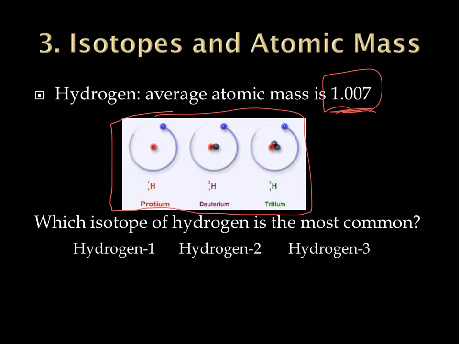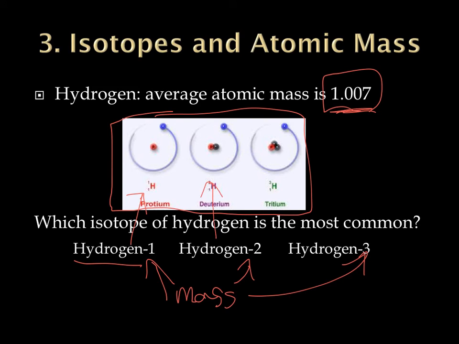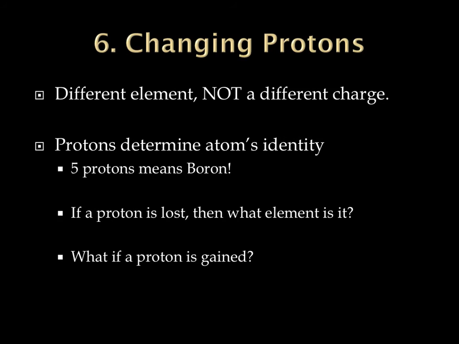In this case, hydrogen's average atomic mass is 1.007. So there's a question for you: which isotope of hydrogen is the most common? There are 3 different kinds, and here's another way of writing it: you put hydrogen, and then the mass after the name of the element. Is it hydrogen 1, which has no neutrons, hydrogen 2 with 1 neutron, or is hydrogen 3 the most common with 2 neutrons?